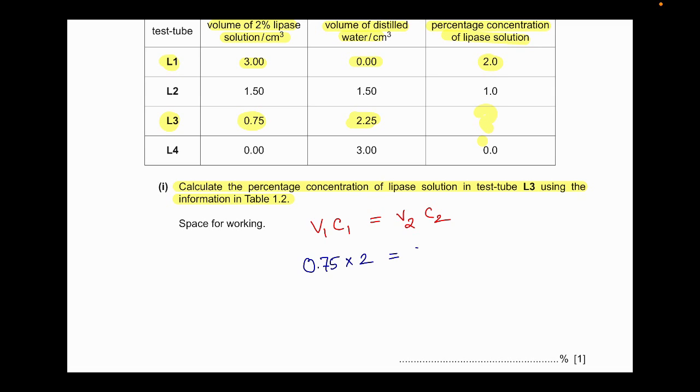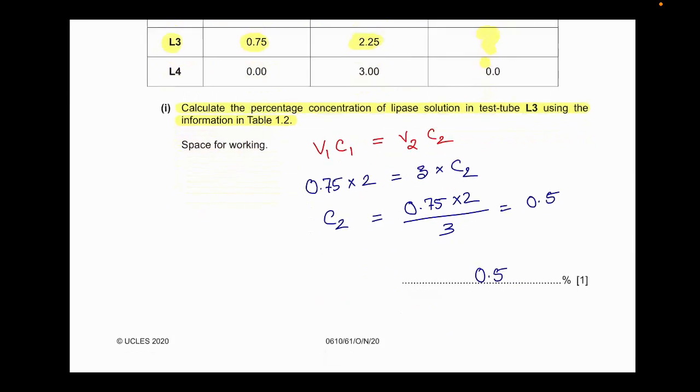The final volume that we want to achieve is 3 cm cube, but we don't know what the final concentration is, so C2 is unknown. So let's make C2 our subject. 0.75 into 2 divided by 3 equals 0.5 is the answer. So obviously 0.5% will be our final answer.